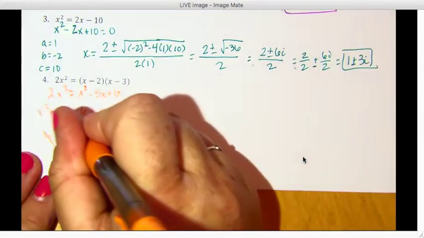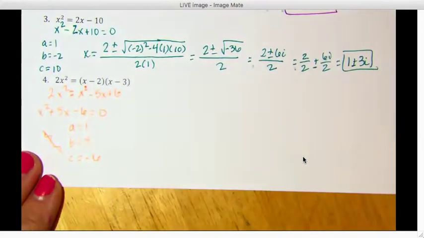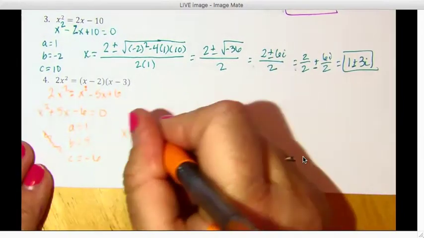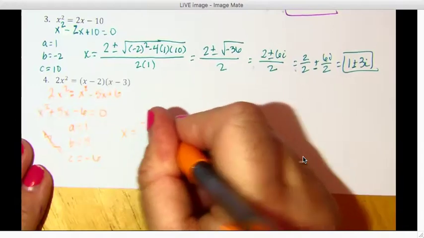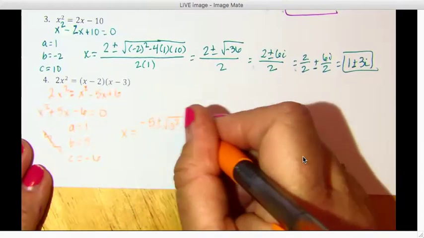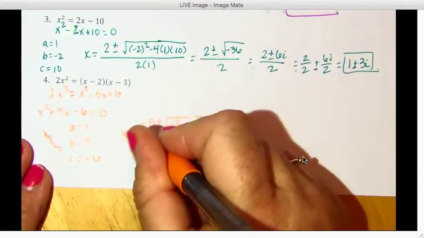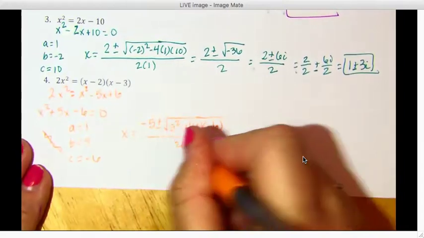So my a value is 1, my b value is 5, and my c value is -6. So x is equal to -5 plus or minus the square root of 5 squared minus 4 times 1 times -6, all over 2 times 1.